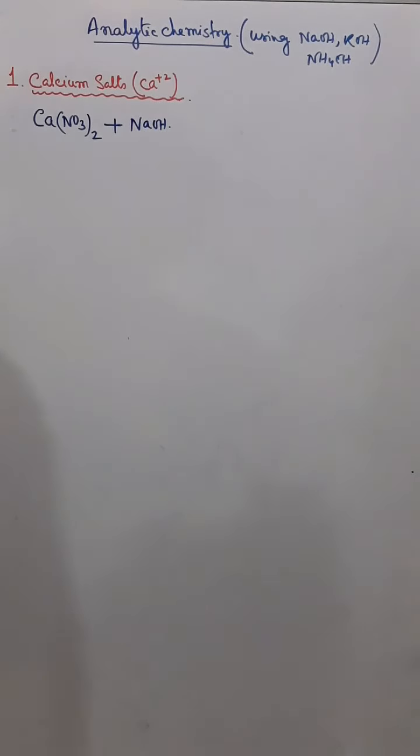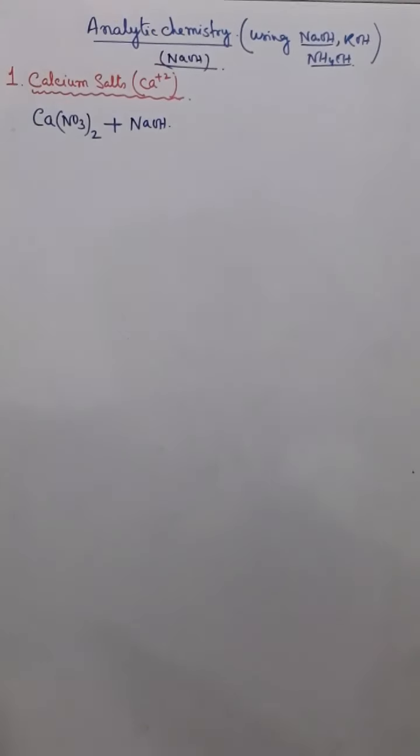Okay, first calcium salt. Now this is by adding NaOH. In this chapter we'll do it by adding NaOH and by adding NH4OH. That's in our ICC syllabus. But remember, the reactions for NaOH and KOH are similar, so they are the same.